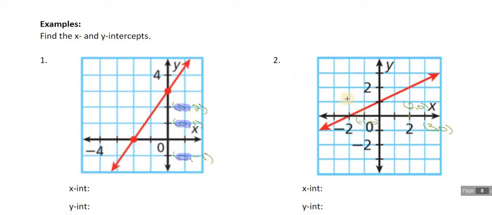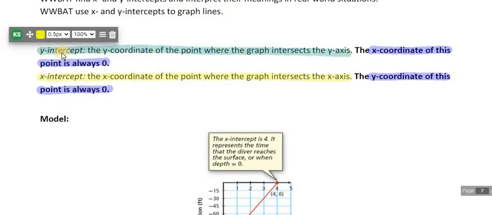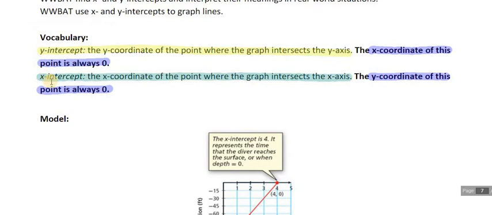Over here, negative 3, 0. X is negative 3, y is 0. So at all these ordered pairs that are located on the x-axis, the y-coordinate is always 0. So for the y-intercepts, it's only y's, therefore x is 0. For x-intercepts, it's only x's, so y is always 0.